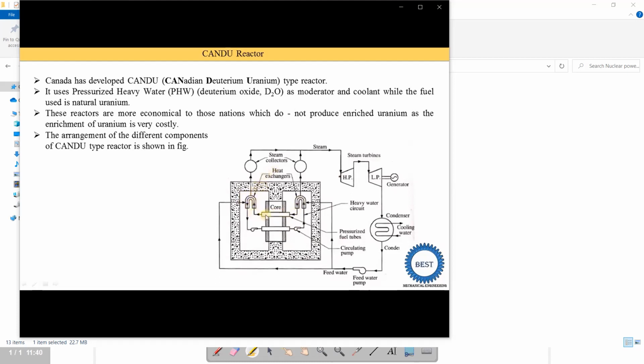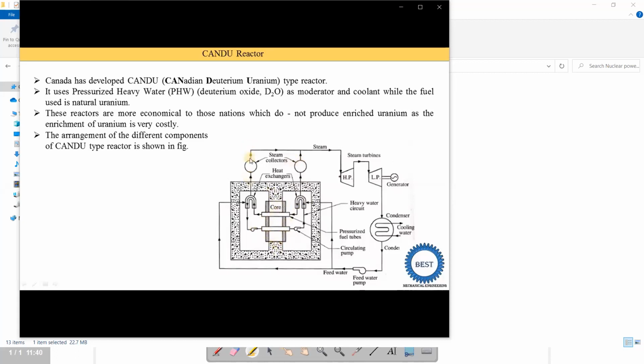In these heat exchangers the heavy water, meaning D2O, supplies heat energy to the water passed through the other pipes. Again this heavy water passes through the pressurized fuel tubes, absorbs heat energy, and is supplied to the second heat exchangers, where it supplies heat energy to the water and the water is converted into steam. This is the basic function of these pressurized tubes.